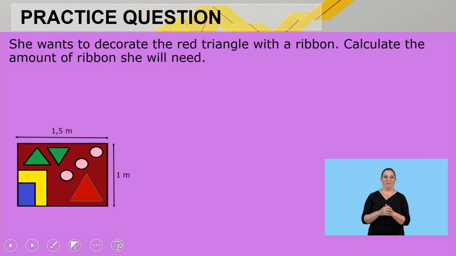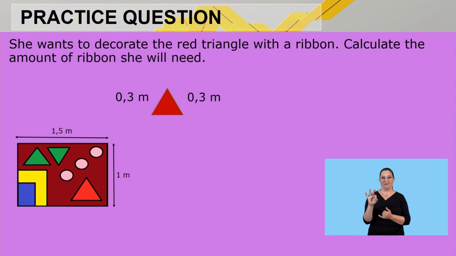She wants to decorate the red triangle with a ribbon. Calculate the amount of ribbon she will need. So let's just quickly look at the red triangle. What are its measurements? It's 0,3 one side, the other side 0,3, and then the base is also 0,3. So we are going around, so we will be calculating the perimeter.